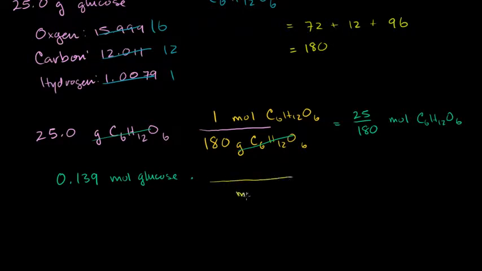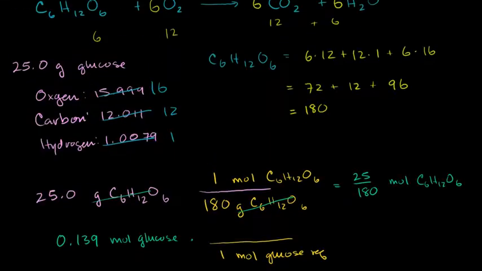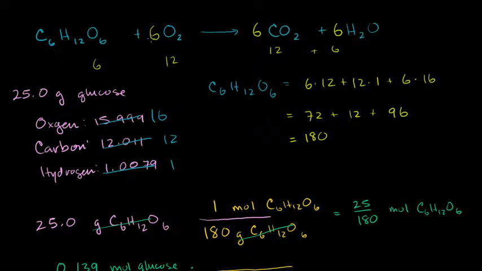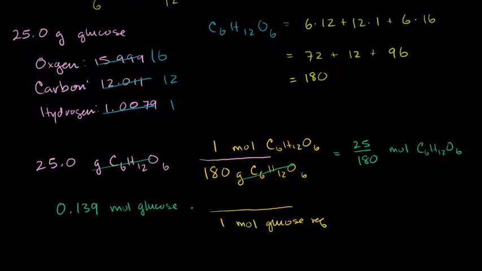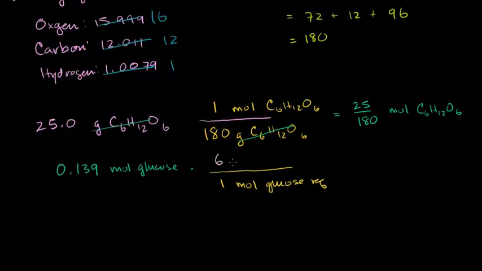For every 1 mole of glucose required, we figured out when we balanced the equation, we need 6 moles of O2 required.